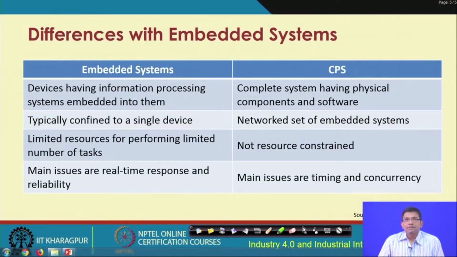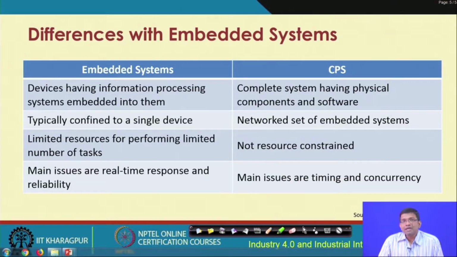The next difference between cyber physical systems and embedded systems is, in an embedded system, typically you are talking about a single device, and the embedded system is basically confined to this particular single device. On the other hand, in a cyber physical system, we are talking about a network of such embedded systems.